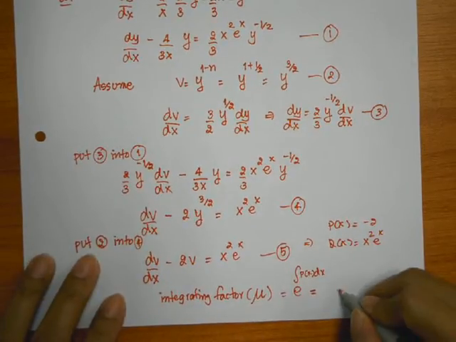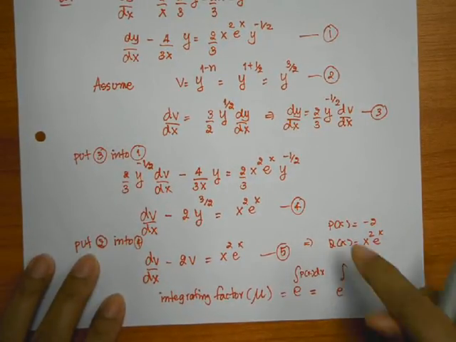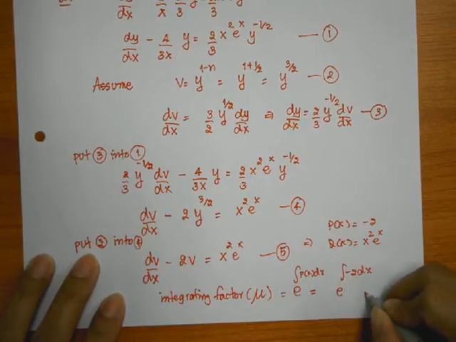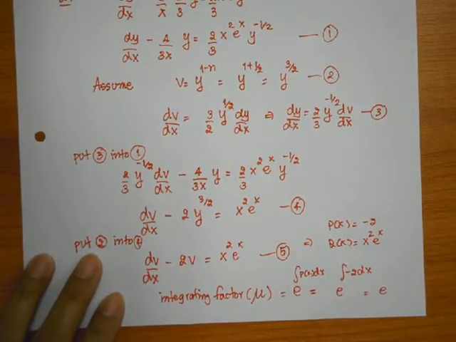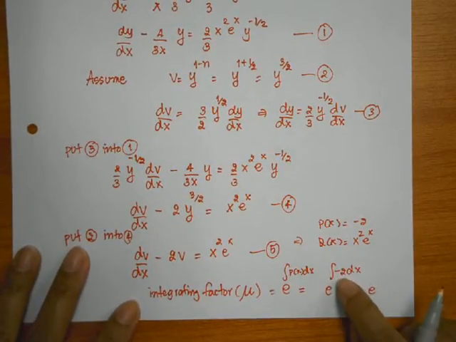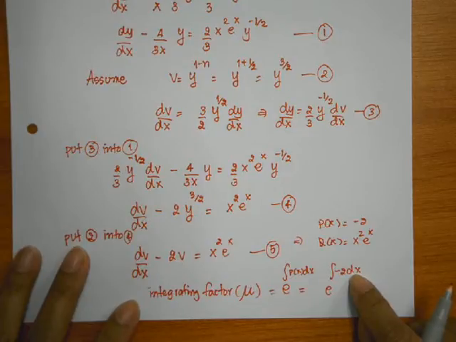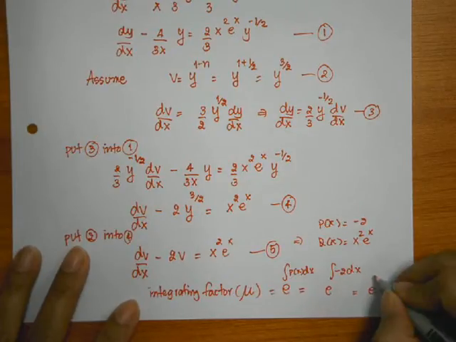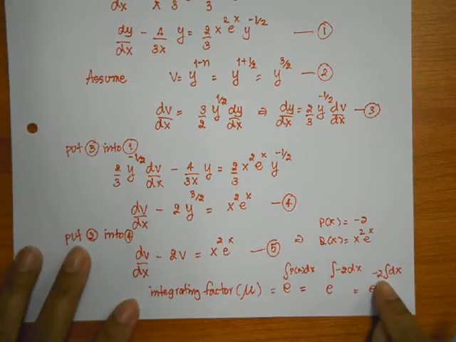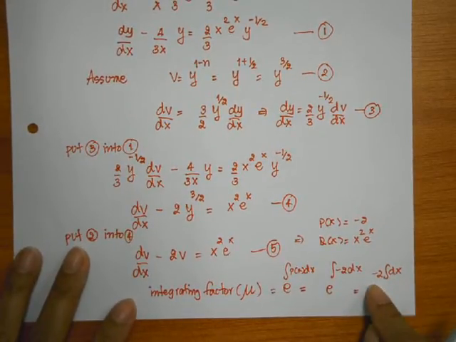Now we get exponential of the integral of negative 2 over x dx. Negative 2 is a constant, so you can take it out from the integral sign.